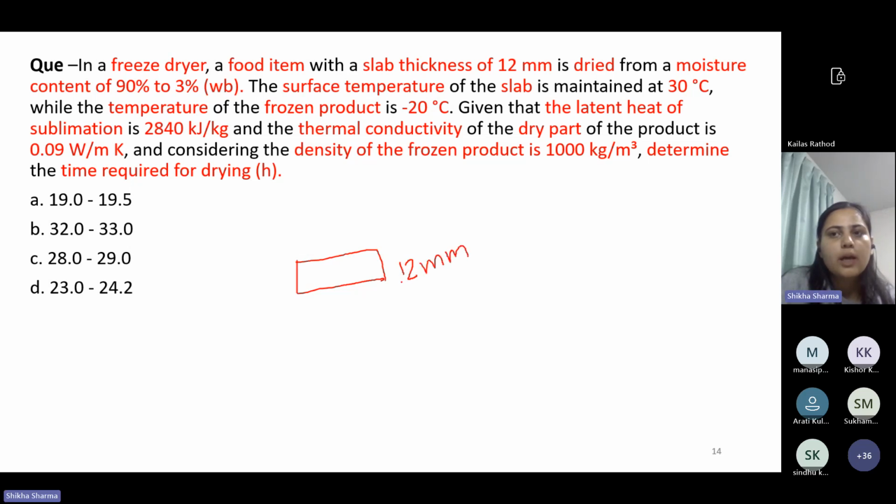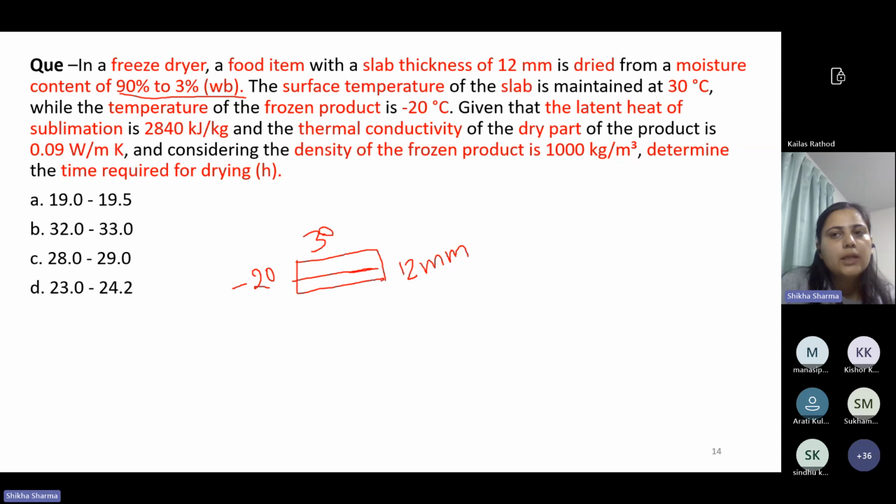The surface temperature of the slab is maintained at 30 degrees Celsius, while the frozen product is at minus 20 degrees.